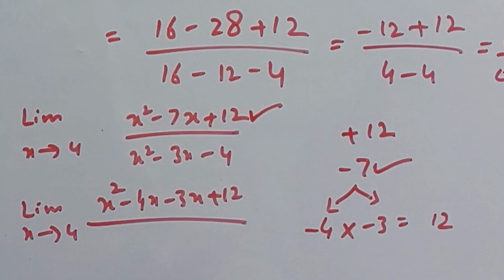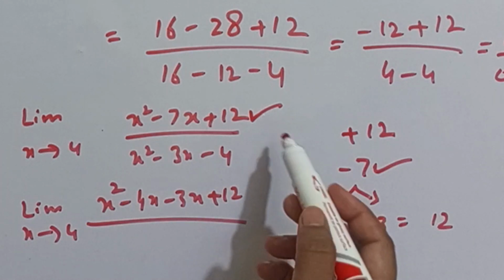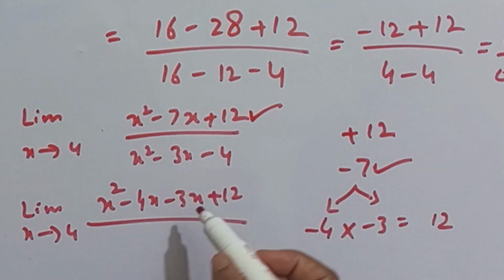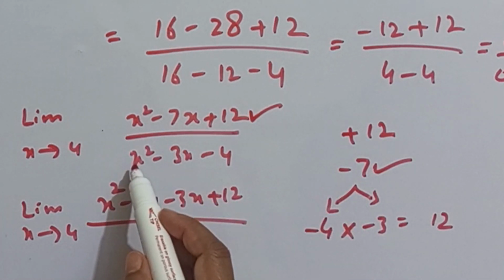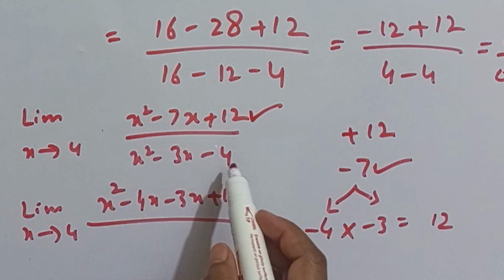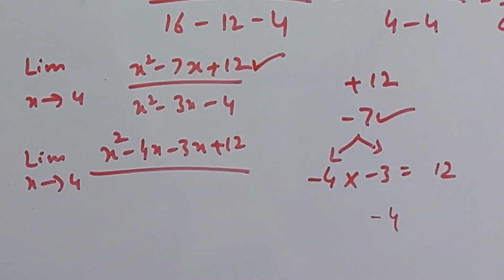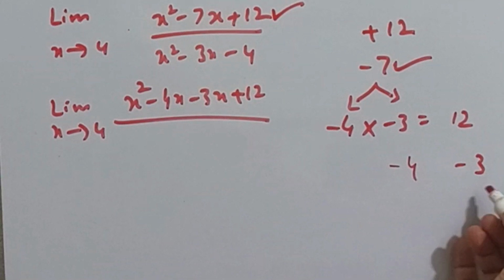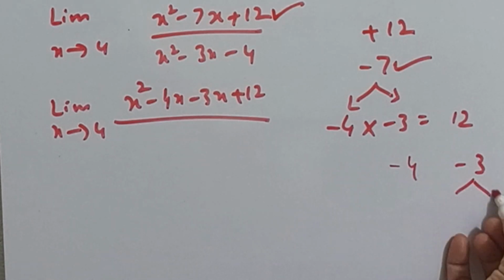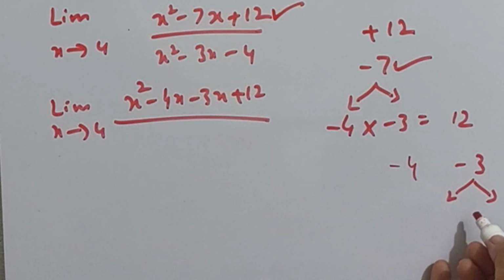Now similarly we apply this strategy with the denominator. If we multiply the coefficient of first and last constant, then we get negative 4, and our middle value is minus 3. So we split this minus 3 into two values, such that if we multiply these two values, then we get minus 4.